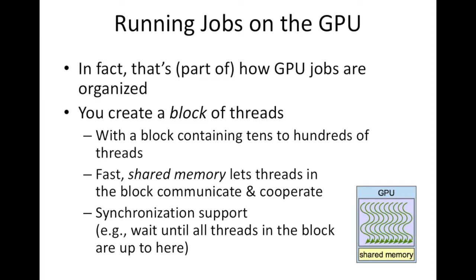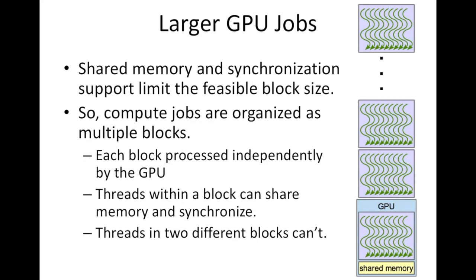Since they share that memory, they can cooperate on things, they can communicate through that memory, and there are even some synchronization primitives so that they can coordinate their activity. But because they share memory and because there are mechanisms for synchronization, we have a limit on the number of threads that we can put in a single block.